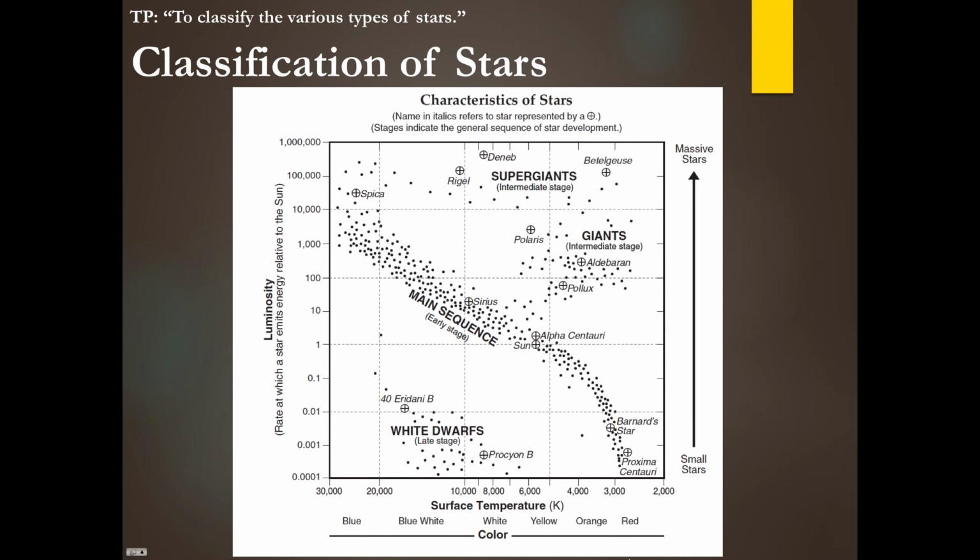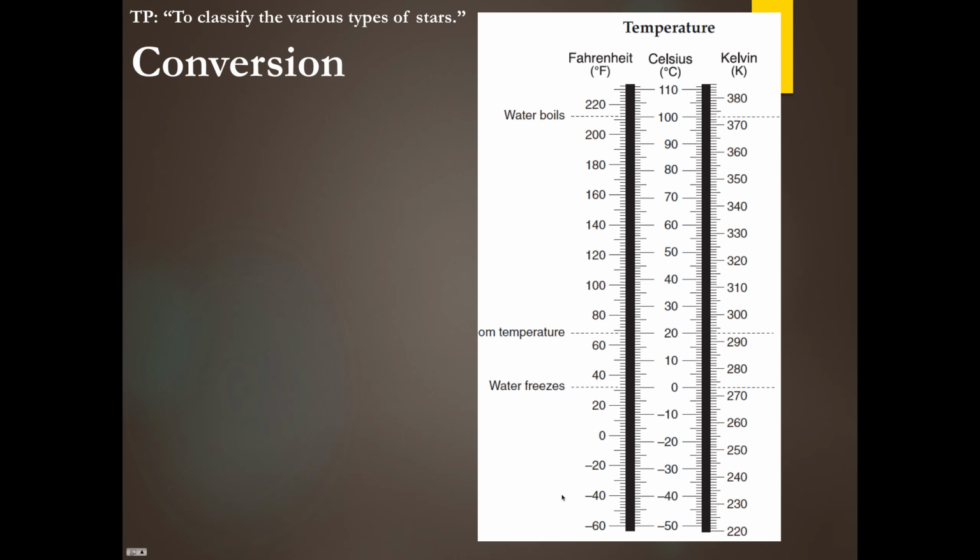So let me go back. Surface temperatures are in Kelvin, so we have to make a small conversion, and this is how you would do it. We'll learn more about this for weather, but right now you should know how to do this. So, conversion, nice and easy.